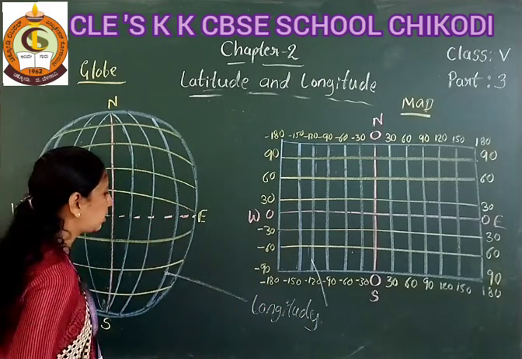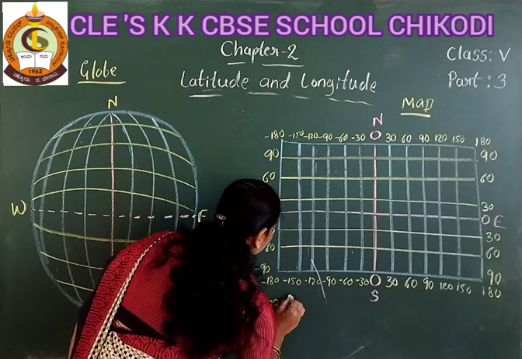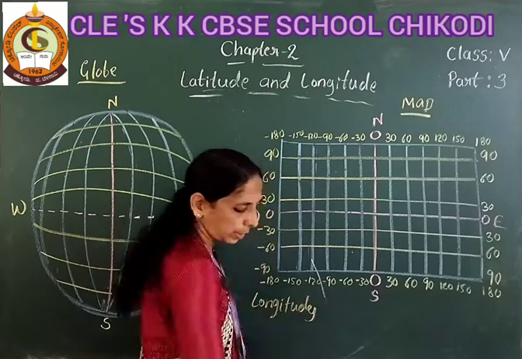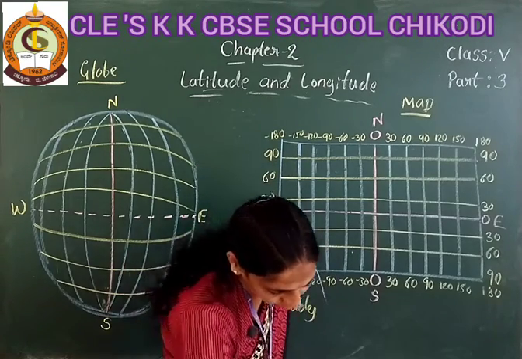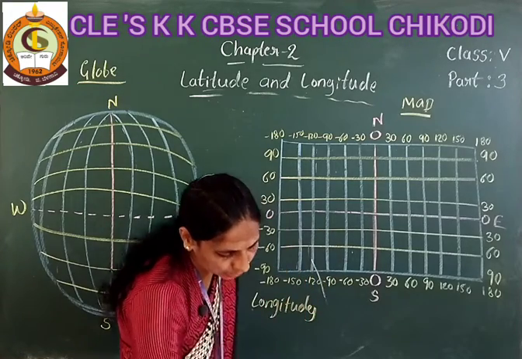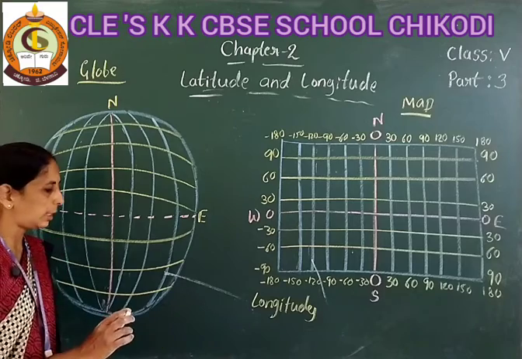Okay, so what are these? These are the longitudes. These longitudes and latitudes help us to know the place or things very easily.